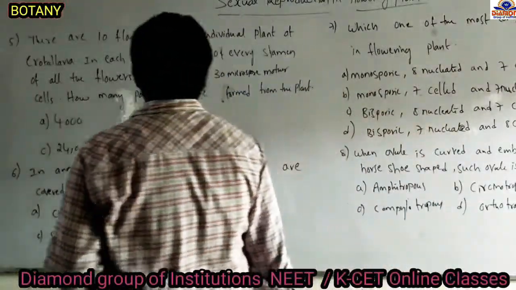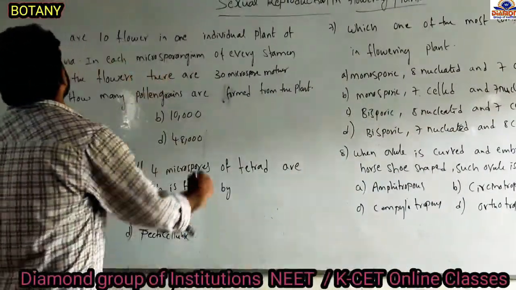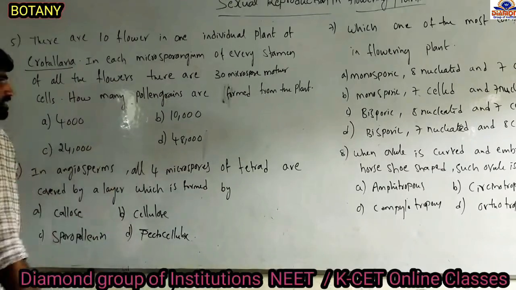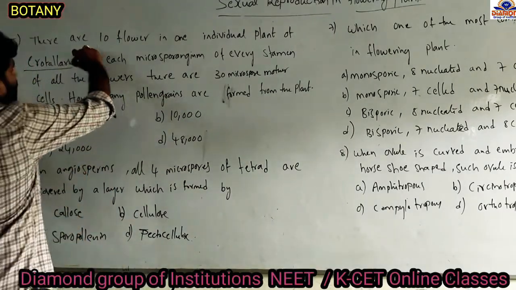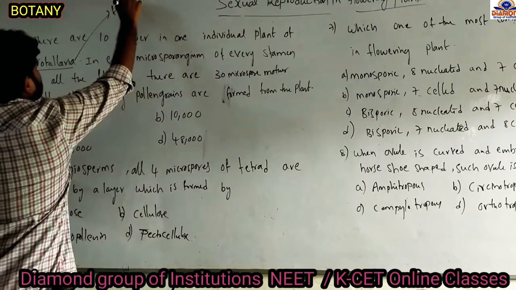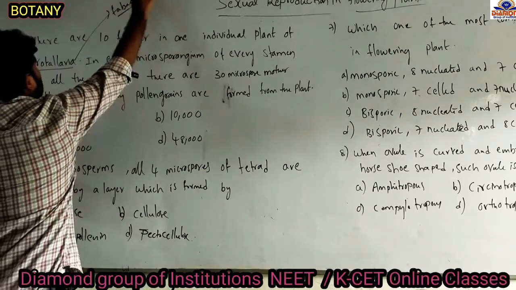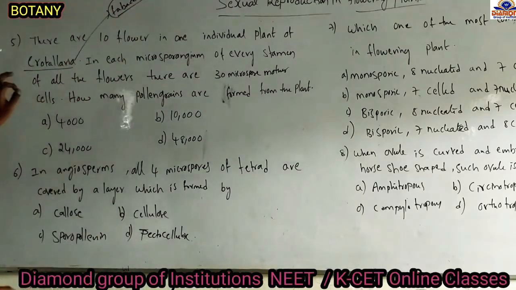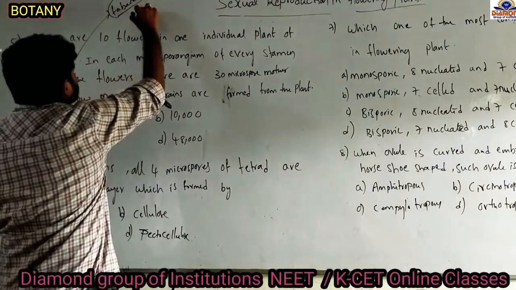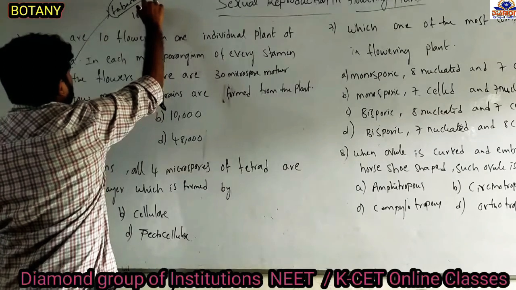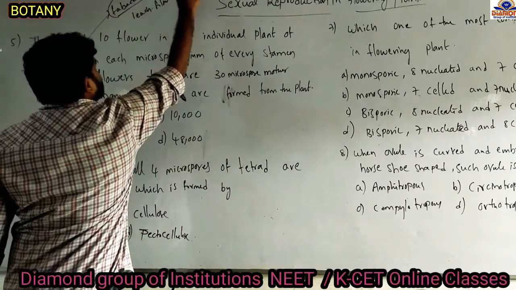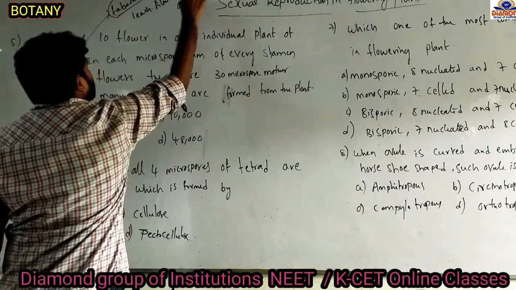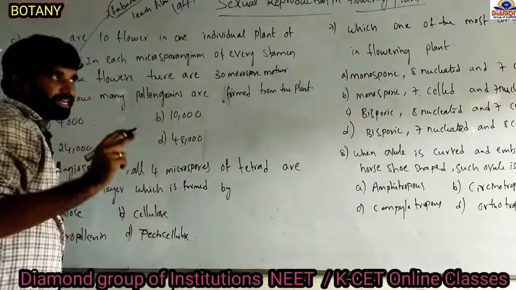Here they have given the plant name Fritillaria. As a hint for this question, the plant belongs to the Fabaceae family. So, the characters of the Fabaceae family: each flower contains 10 stamens in a 9+1 arrangement, diadelphous stamens.